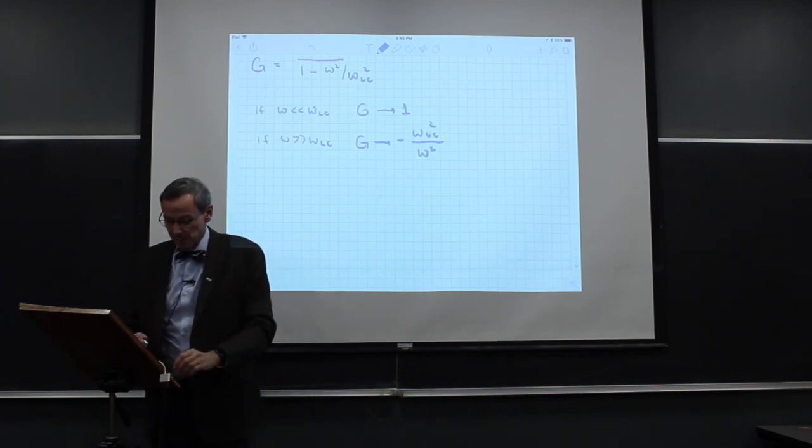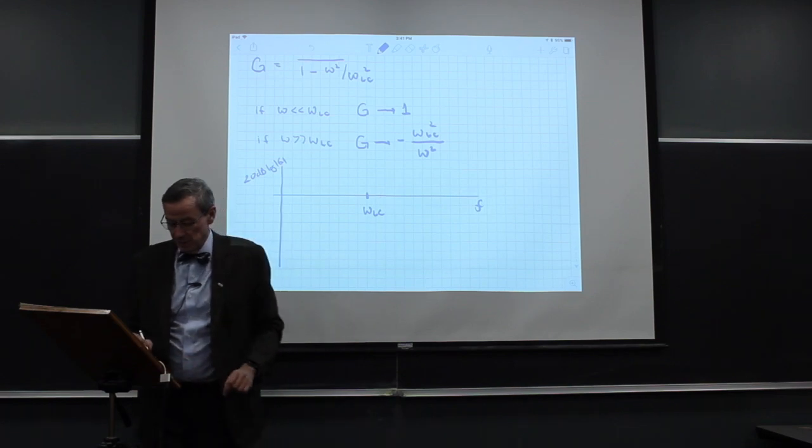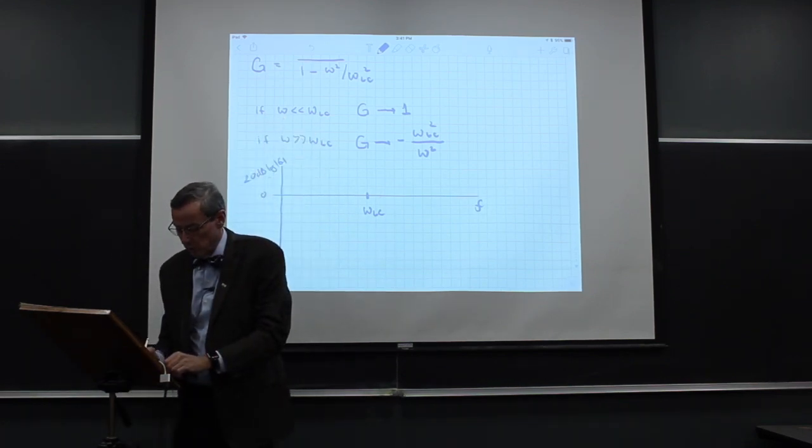If we look at a Bode plot of this, 20 log of the gain versus the frequency, and here is omega LC. At low frequencies the gain is 1, so we're at 0 dB.